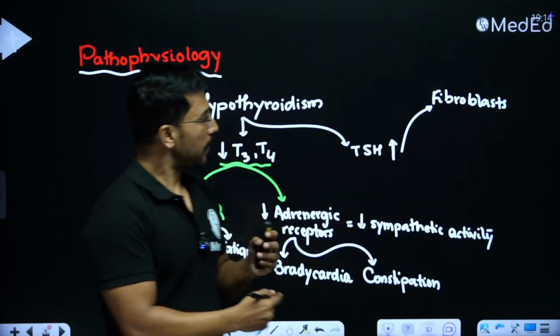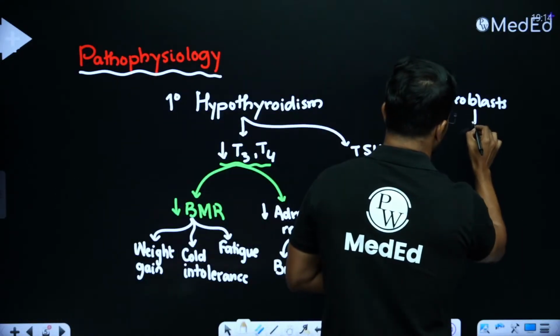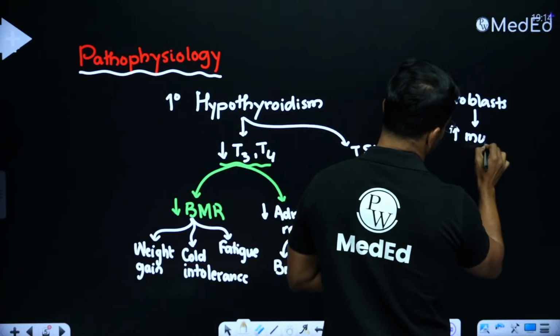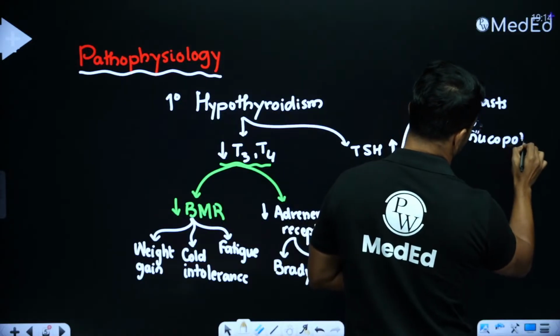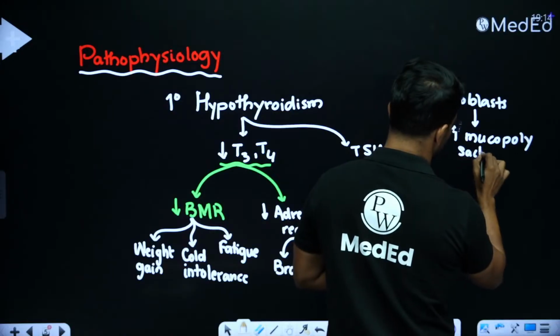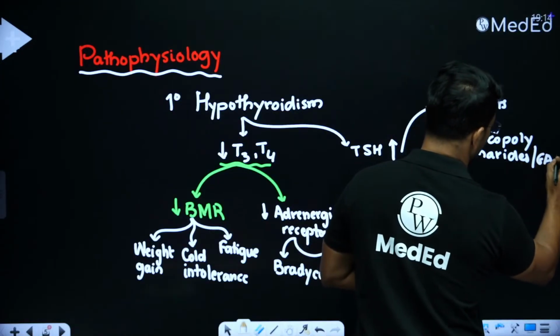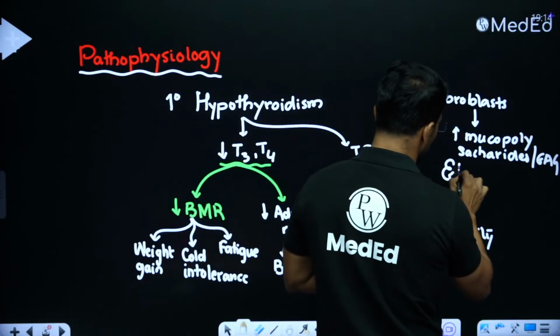And when we stimulate fibroblasts, what do fibroblasts do? They will increase production of mucopolysaccharides, glycosaminoglycans, and hyaluronic acid.